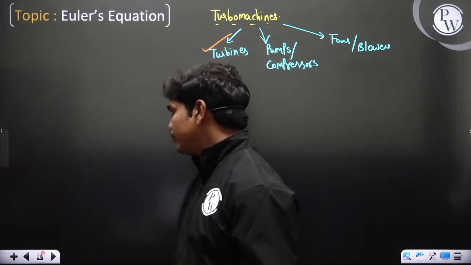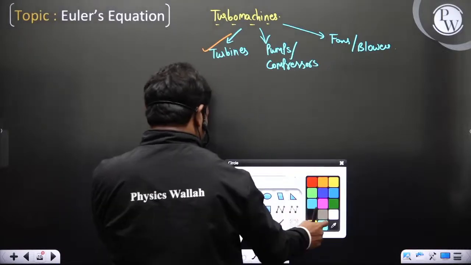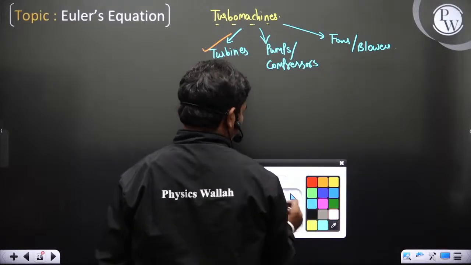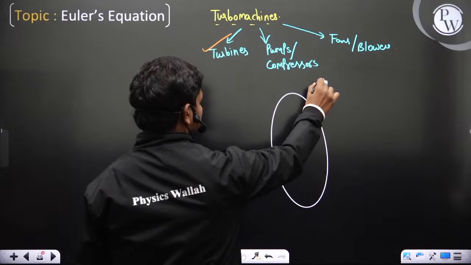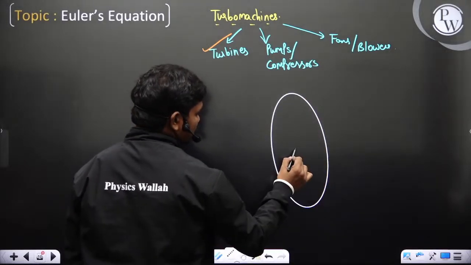Now, what is this Euler's equation? Let me ask you something. If you have, for example, a disk like this, and let's say there is a certain axis of the disk.